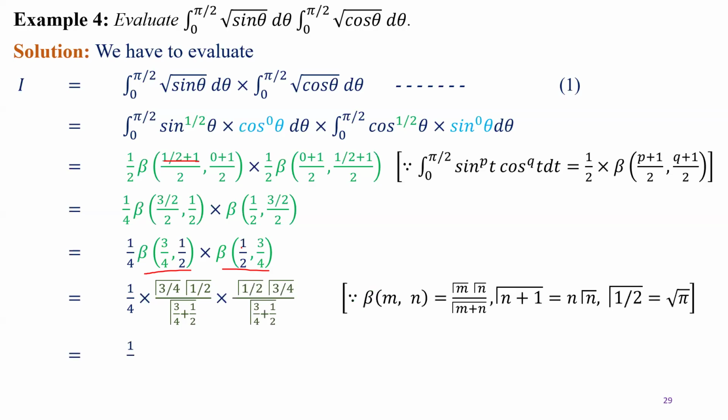And in a similar way, we can also write this, because beta of m, n is equal to gamma m gamma n upon gamma m plus n. Gamma n plus 1 is n gamma n and gamma 1 by 2 is root pi.